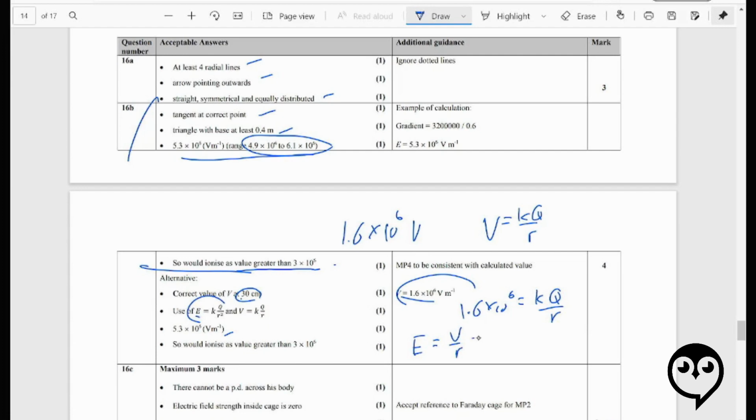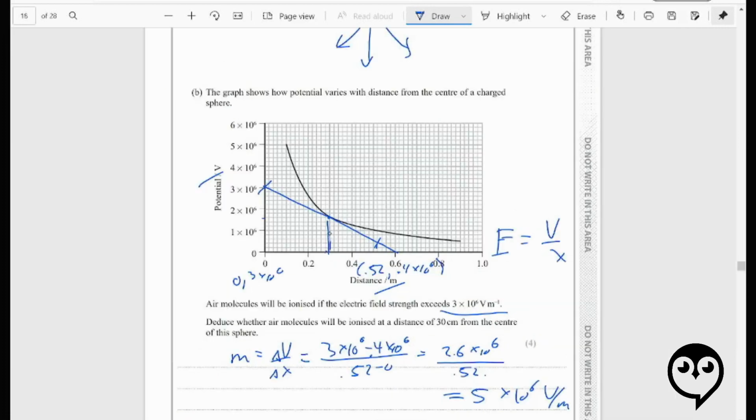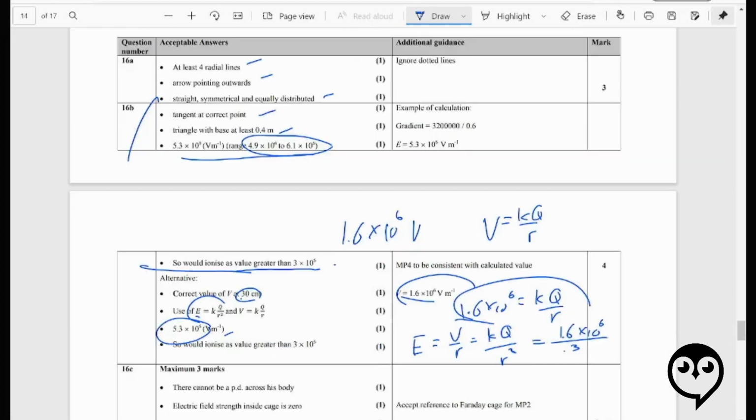So in other words, it's KQ over R squared. You're just reading those 2 points off the graph. It's 1.6 times 10 to the 6 divided by the 0.3. And if you do that, there's where you get your 5.3 times 10 to the 6. So you don't have to draw a gradient. You could simply just do this point and just divide the value by that value.